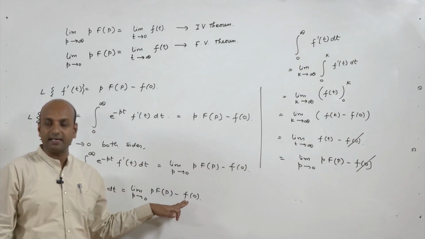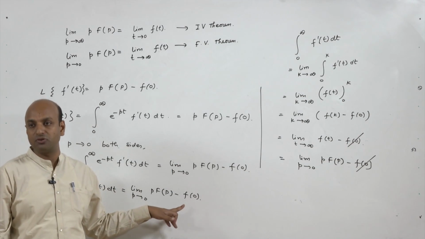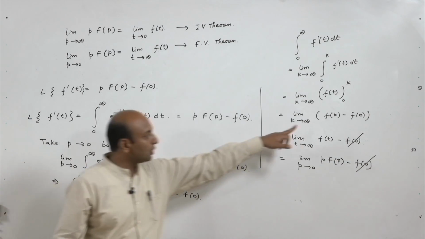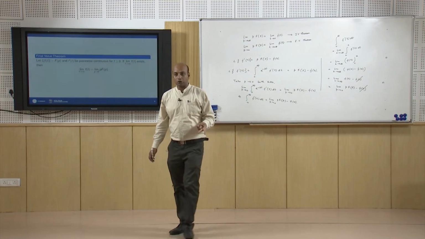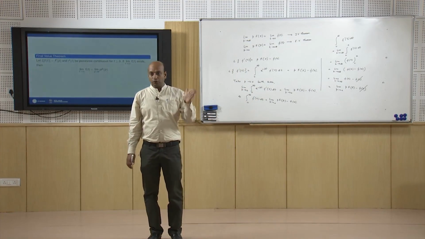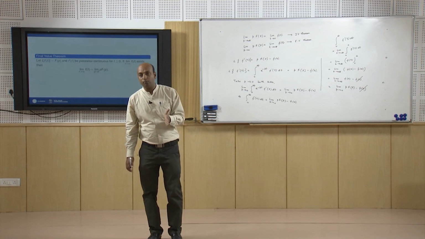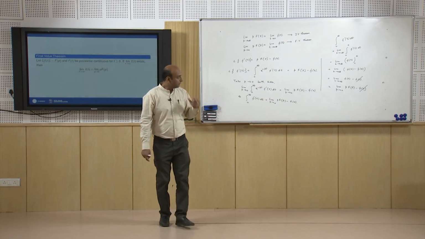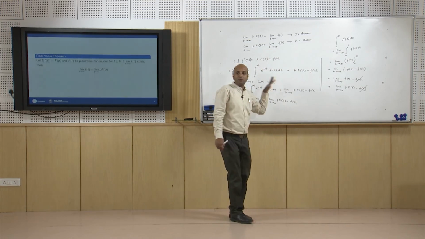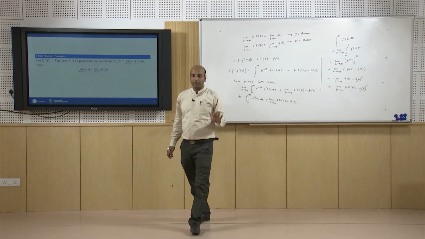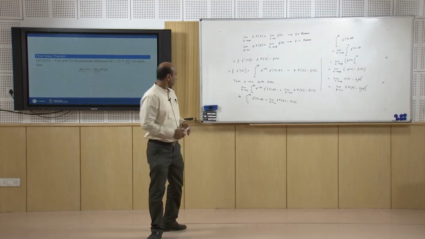If it is not continuous at t equal to 0, we will be having f(0+) here also and here also. So in both the cases, whether the function is continuous or not at t equal to 0, f(0) or f(0+) will cancel from both the sides. So finally we will be having this expression which we are calling the final value theorem.